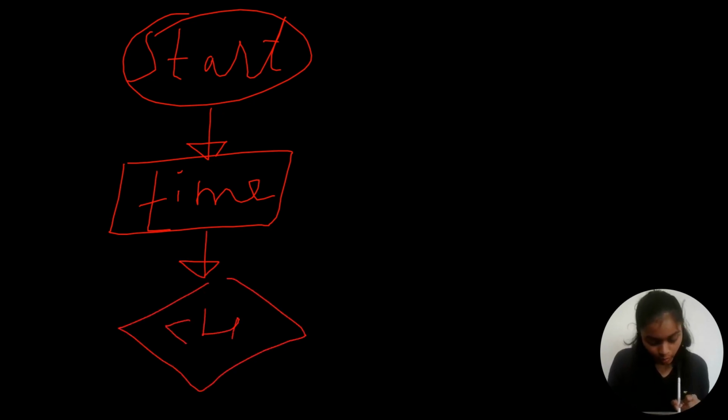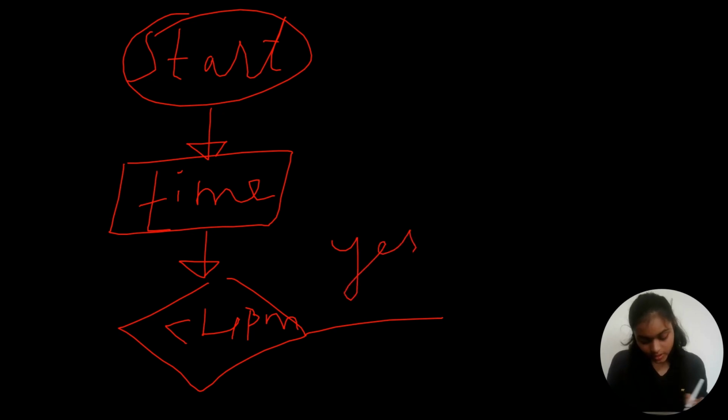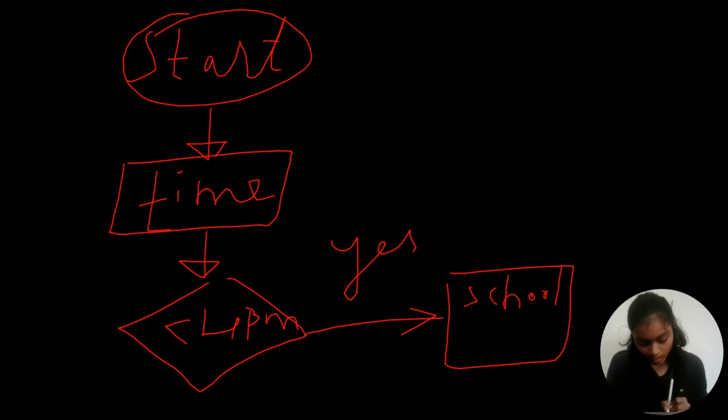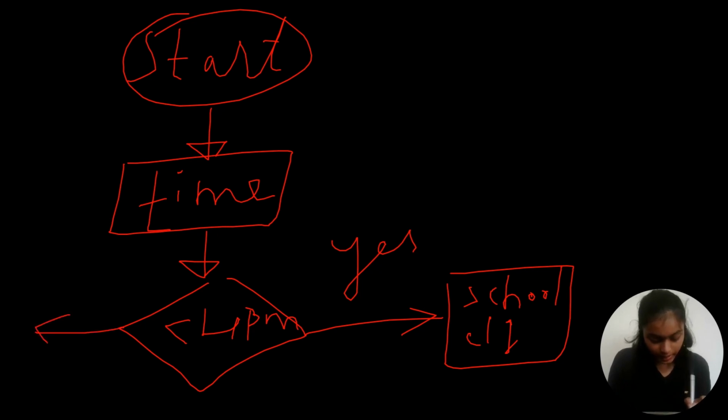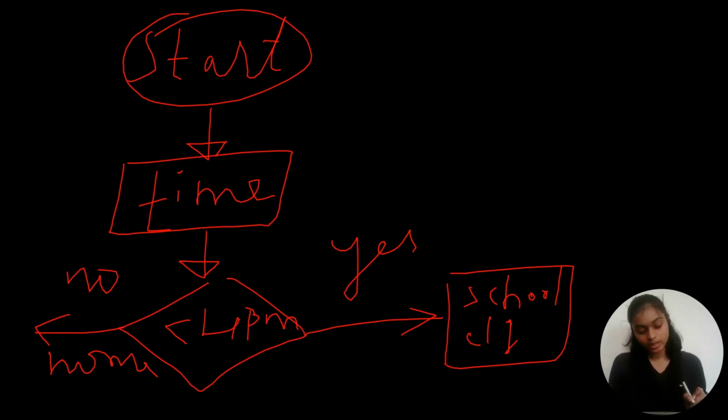Less than 4 p.m. If it is yes, the time is less than 4 p.m., the person is in school, college, or office. If no, the time is not less than 4 p.m., it means it is greater than 4 p.m., then the person is at home. So this is the graphical representation of the data which we have discussed.